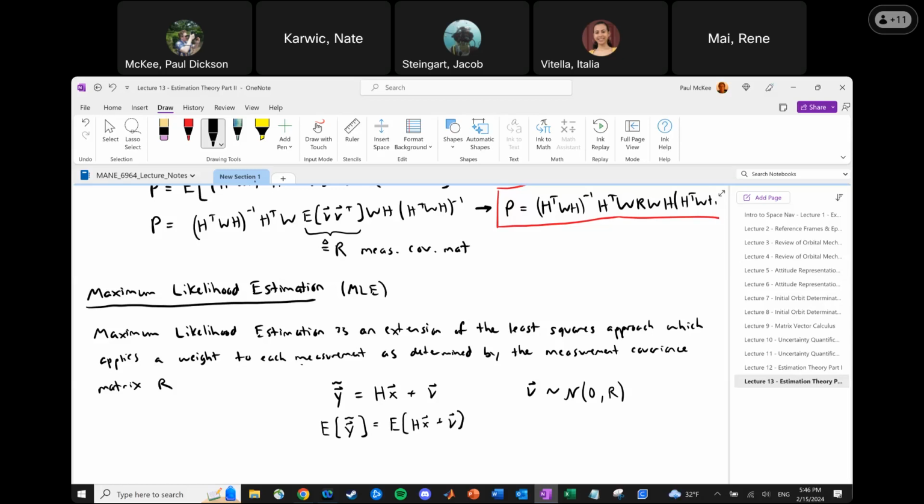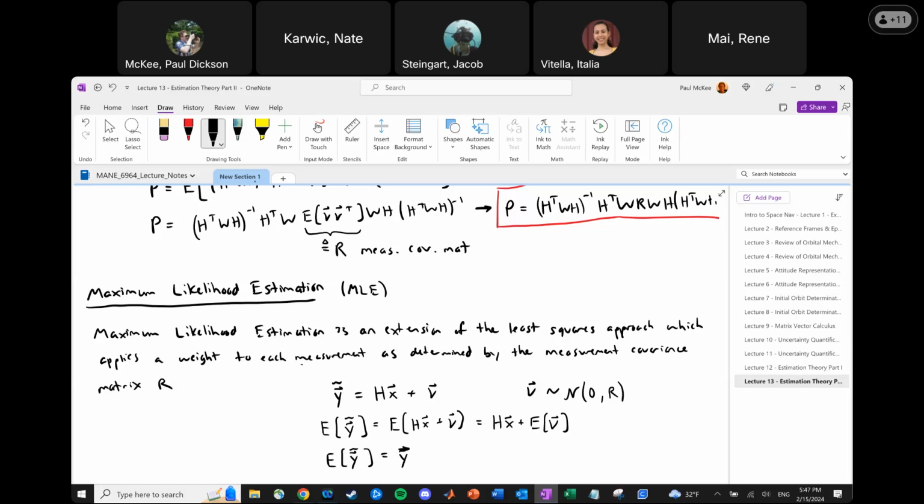But we know that H and x are not random, only nu is random. So this is equal to Hx plus the expected value of nu. But the expected value of nu is 0. On average, there's no noise, right? The noise is non-biased, zero mean. So the expected value of the noisy measurements is the true measurements, which we never get to interact with. We only ever see the noisy measurements.